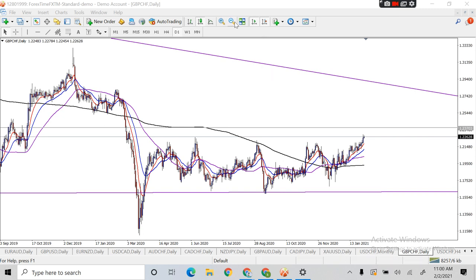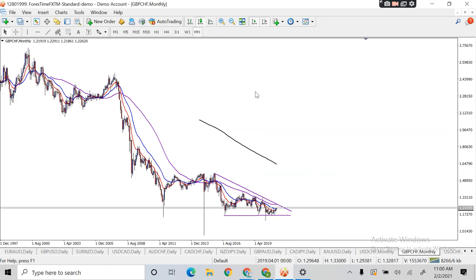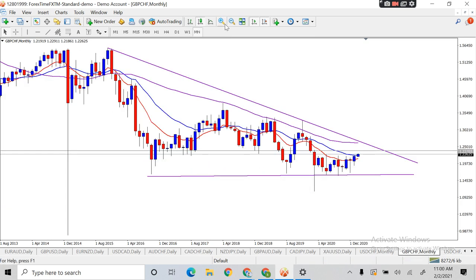Without much ado, I'm already at GBP CHF. Obviously, where we want to get the trend from is the weekly or monthly time frame. I'm already at the monthly time frame, and you can see that for the past 3 to 4 months, this pair has been buying.